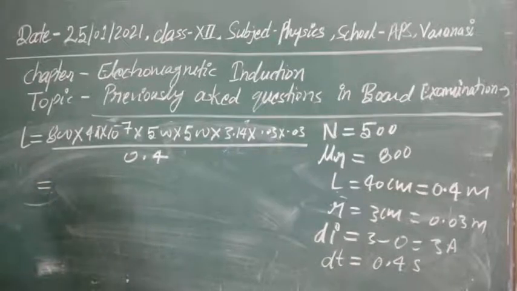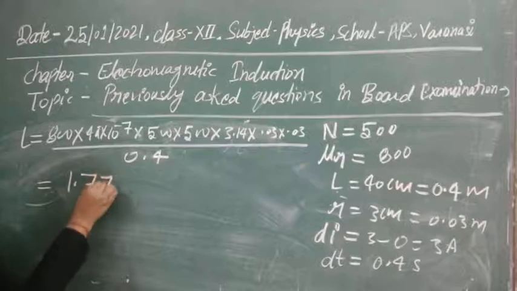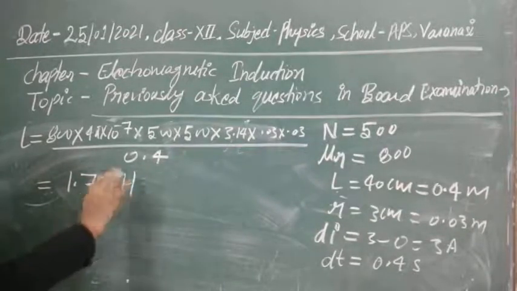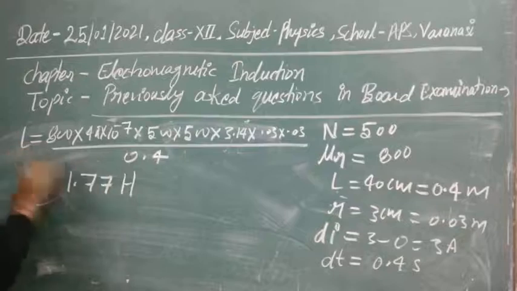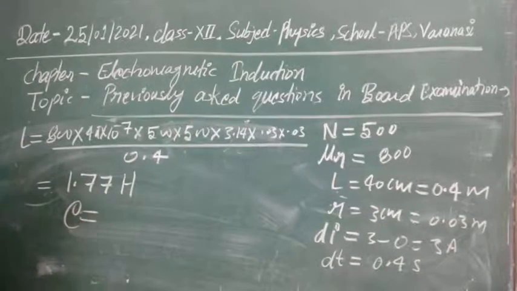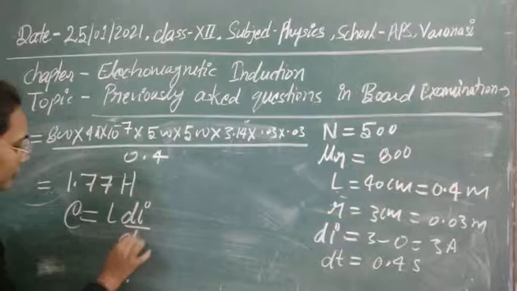After solving, we will find that the self-inductance is equal to 1.77 Henry. Now that we have calculated the value of L, we can calculate the induced EMF in the case of the solenoid. That is L di by dt.